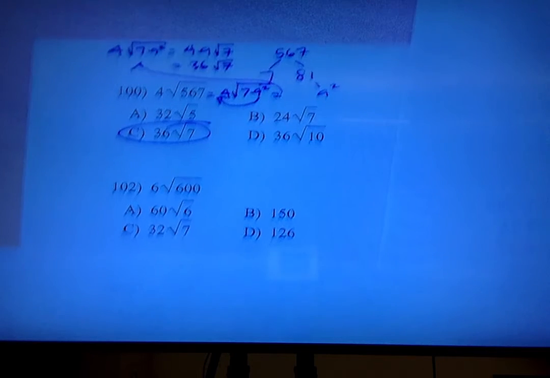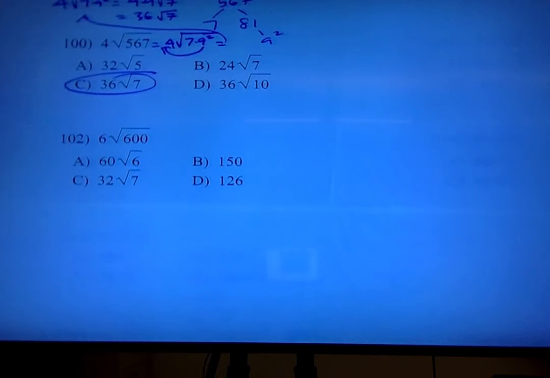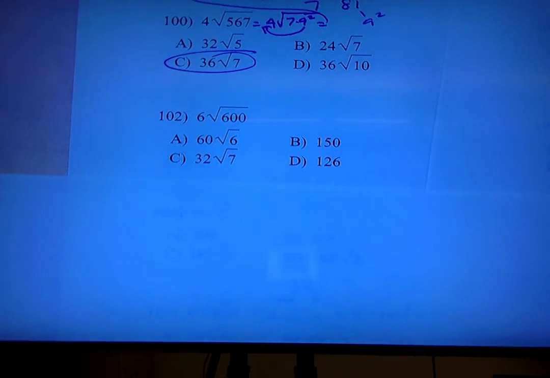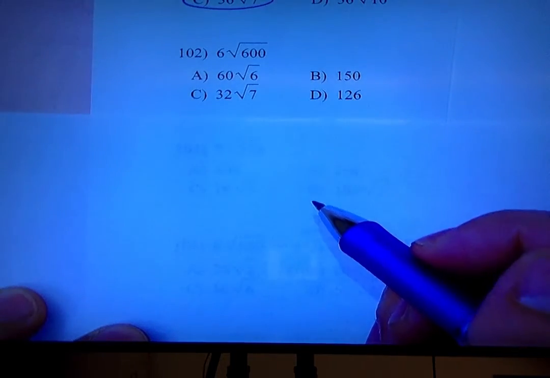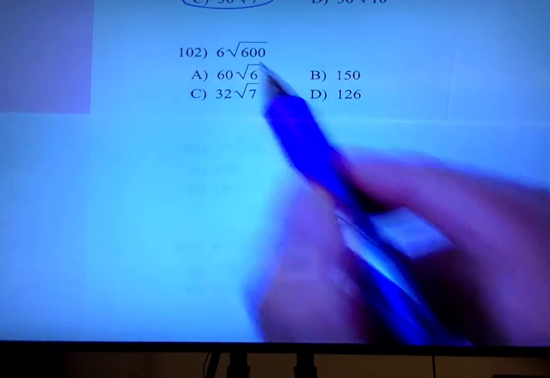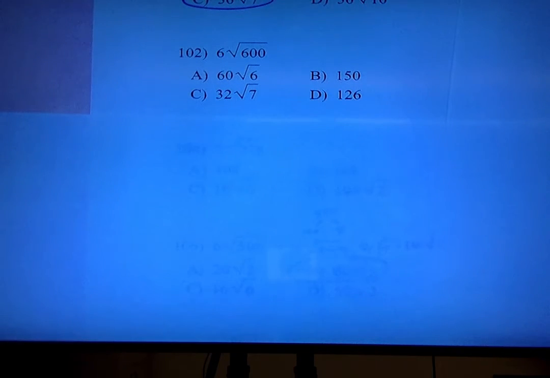Okay, let's do one more. Let's do 102. In this problem, we have 6 times the square root of 600. Right here, we have 6 times the square root of 600. So obviously, we want to simplify this. Instead of starting with those tiny little factors, look for perfect squares.